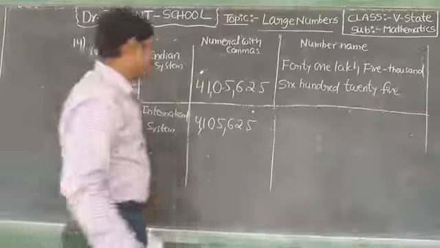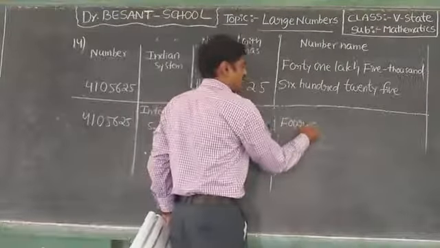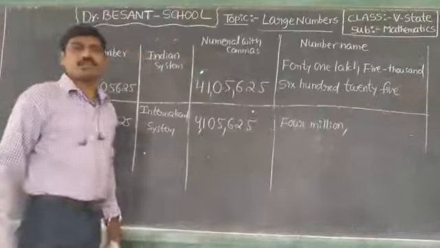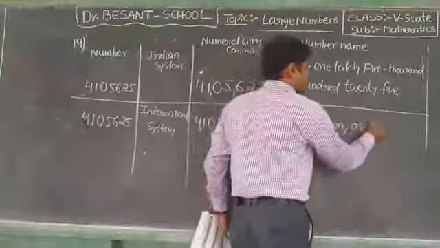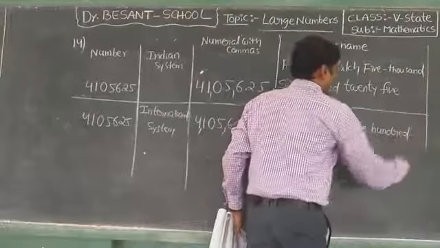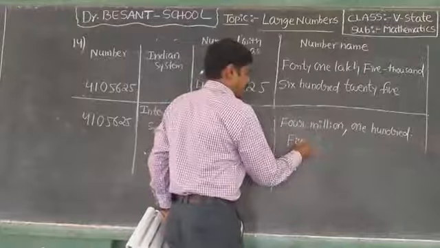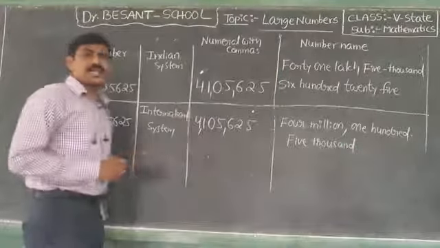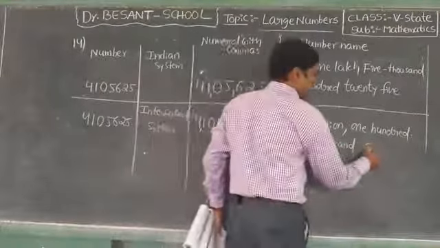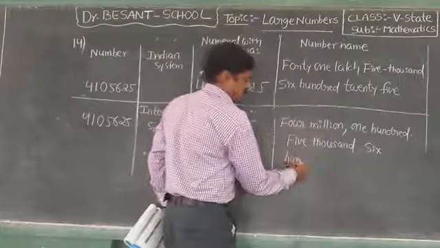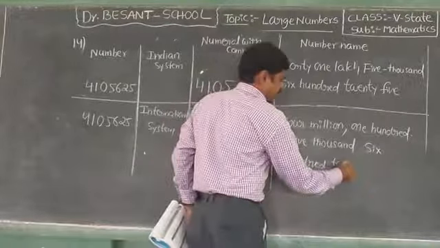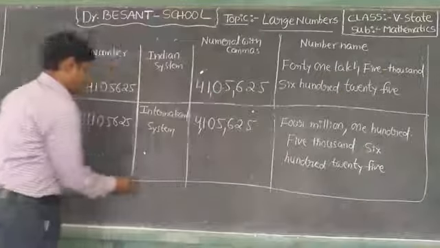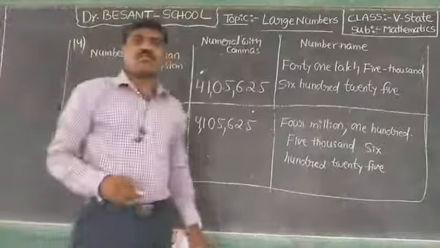So 4 million, 105,000, 625. So this is the 14th sum solution.